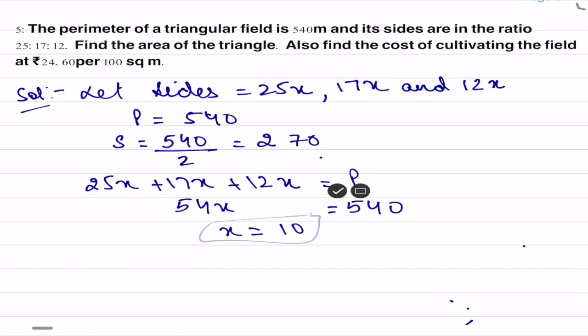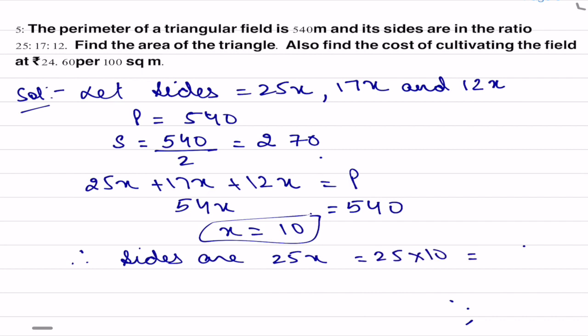Now we got the value of x, therefore we will find out the sides. First was 25x, so it becomes 25 into 10, that is 250 centimeter. Second side is 170 centimeter and the third side is 120 centimeter.